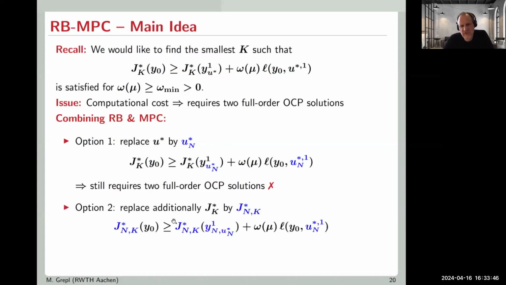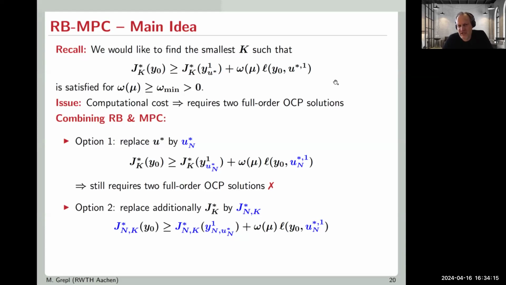Option 2 would be, well, we could additionally replace those optimal value functions with our reduced order optimal value functions. And if we do that, well, that looks much better in a sense, because now we can actually compute everything efficiently. But the problem is we are basically deviating from what we wanted to show up here. If you do the analysis of this, you can actually go straight to the papers, let's say by Lars Grüne.